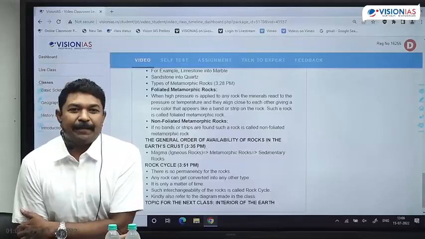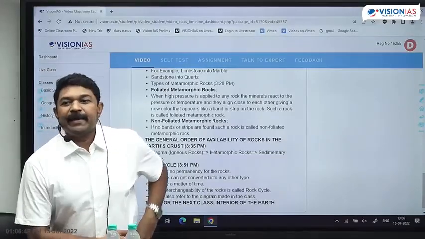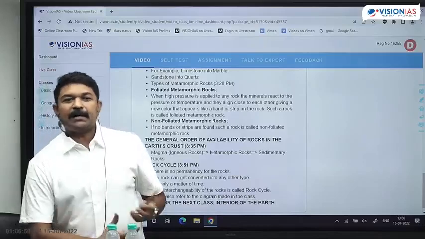Now, let us give the major topic heading as the Earth's interior. Give the heading as the interior of the Earth or Earth's interior.